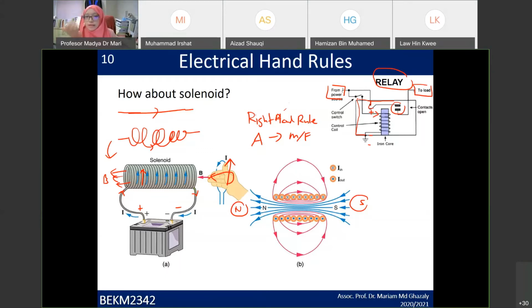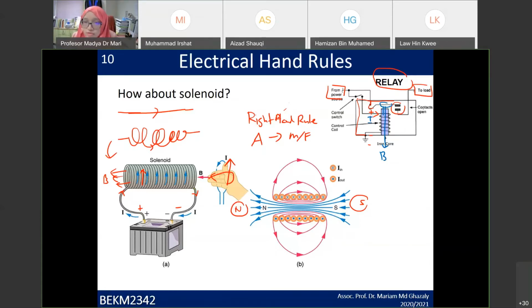So you have the magnetic field moving downward. If you apply current, then this contact will pull the shaft, the switch here.